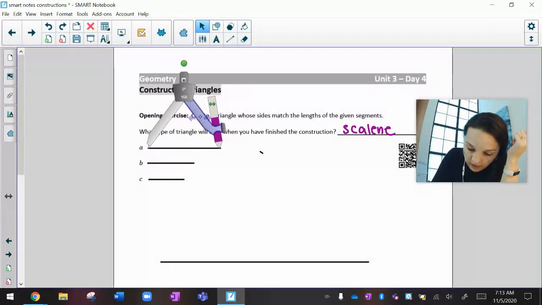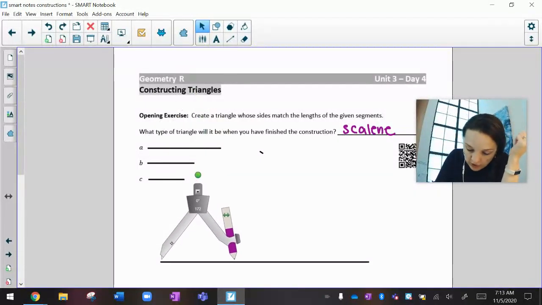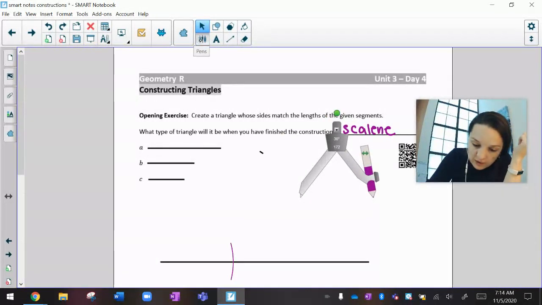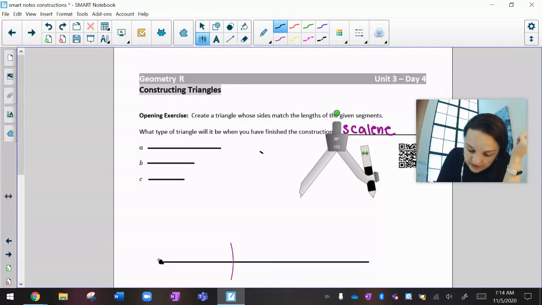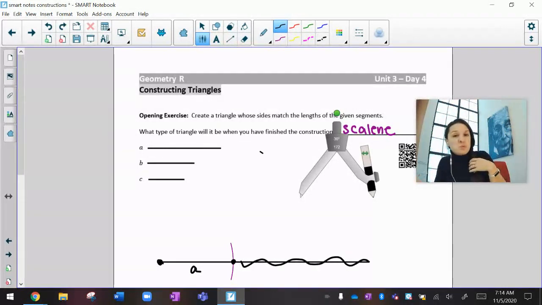A is that long. I'm going to bring that compass down without changing it to my line and draw an arc. Okay. So this is now side A. Cool. And if you want, you can scribble out the rest because we don't need it. You don't have to scribble out the rest. I just do so I don't get distracted by it.